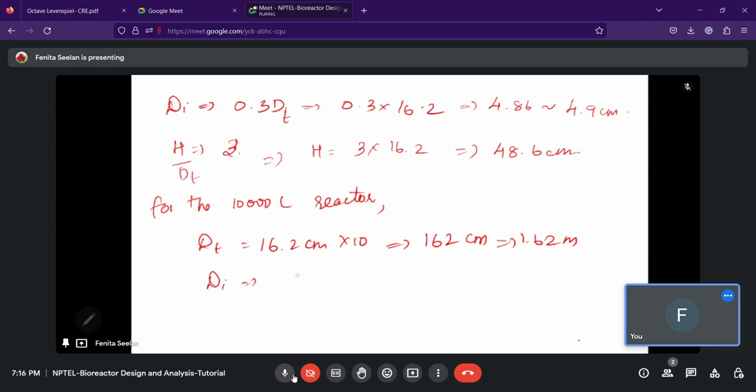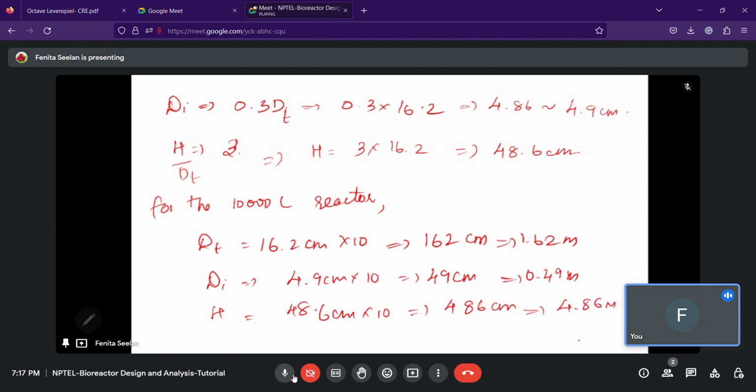It would be 4.9 centimeter into 10, which would be 49 centimeter, or 0.49 meter. And your height will be 48.6 centimeter into 10, which will be equal to 4.86 meter. So these are the dimensions of your large scale bioreactor.